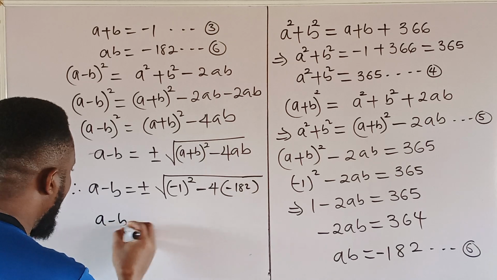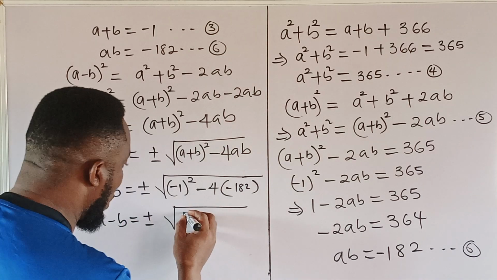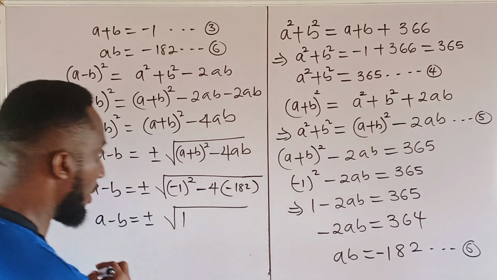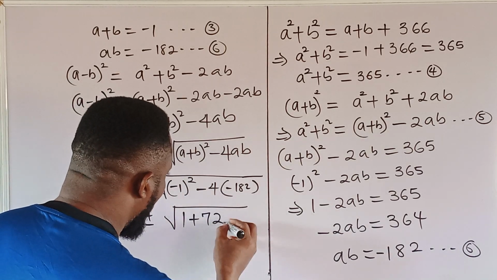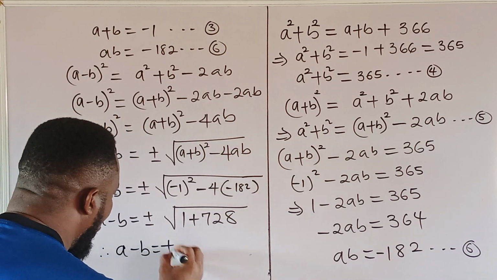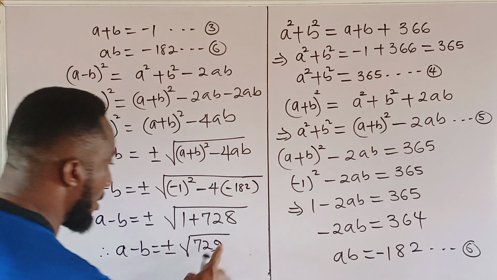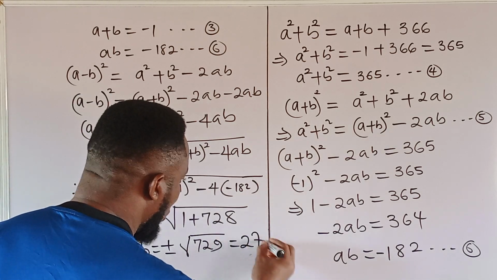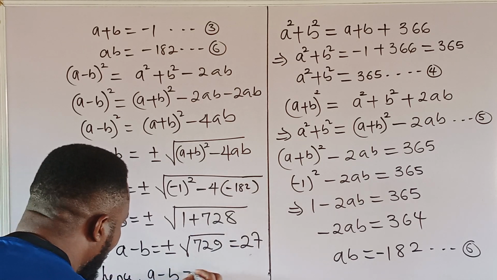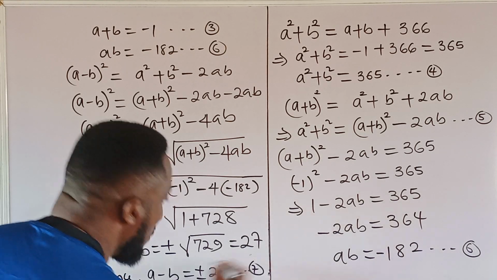So a minus b will be plus or minus the square root of: (-1) squared is 1, minus 4 multiplied by -182, that's going to be 728. So a minus b equals plus or minus the square root of 729, that's 1 plus 728, and that gives us 27. Hence, a minus b equals plus or minus 27. I can name this equation 7.